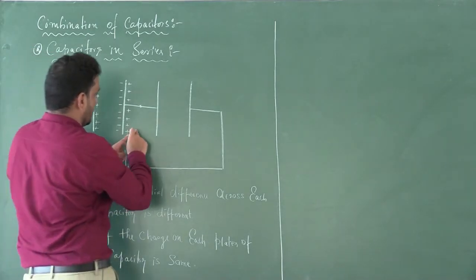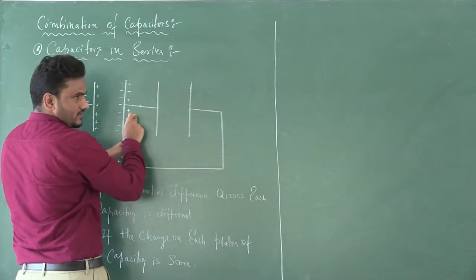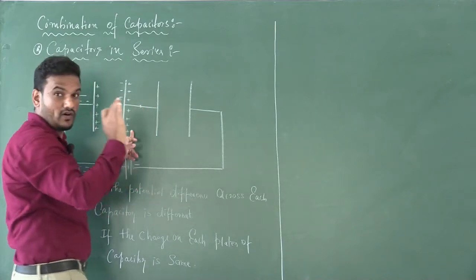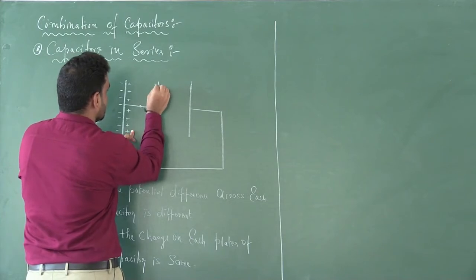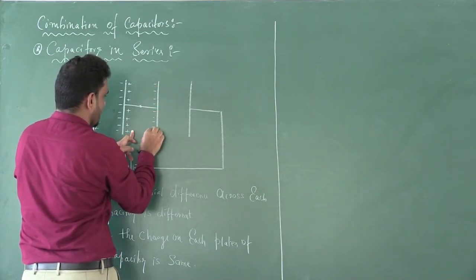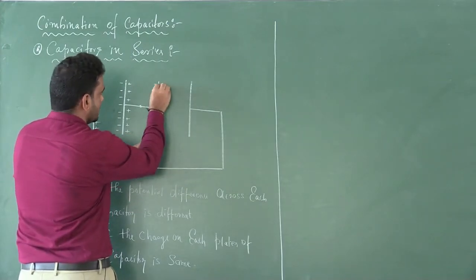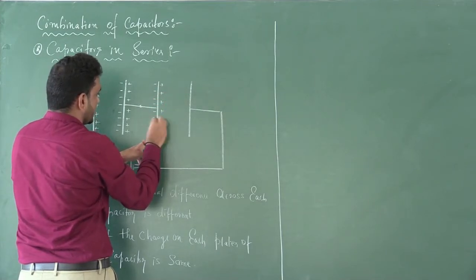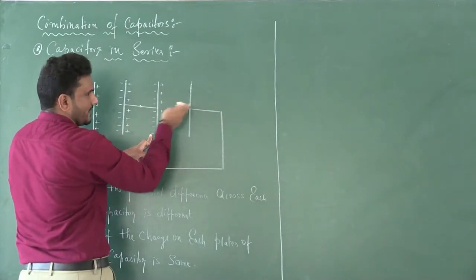Okay. Now what will happen here? Due to this positive charge, by the method of charging by induction, negative charges appear on the outside of the first plate of the second capacitor, and positive charge appears on the inner surface of the first plate of the second capacitor.